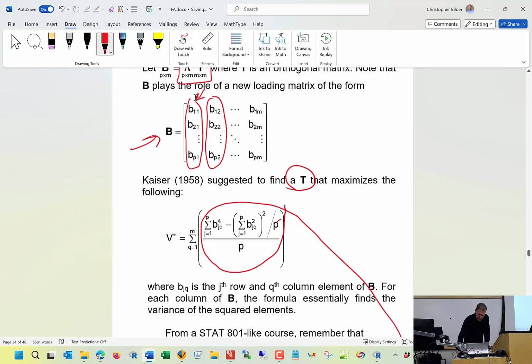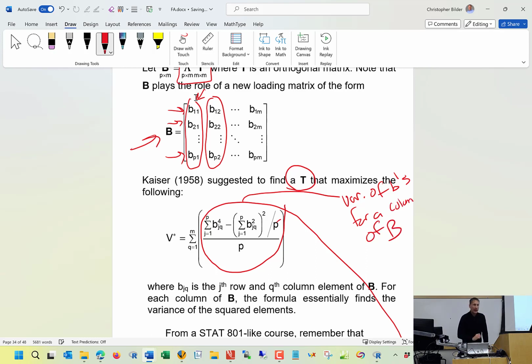P, remember, is the number of the original variables that we have, which means the number of rows that we have for our B matrix. So in other words, what we have here inside the big parentheses is a variance of b's for a column of capital B.